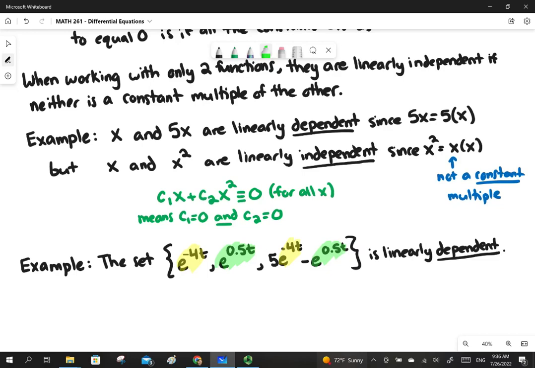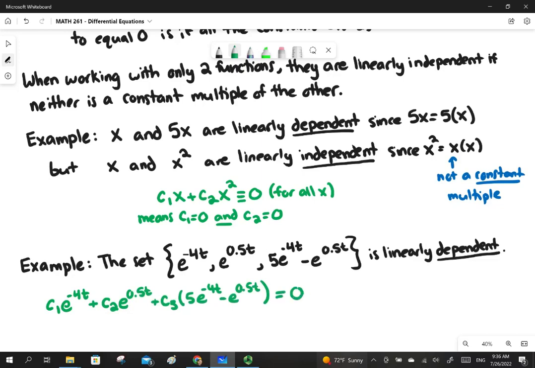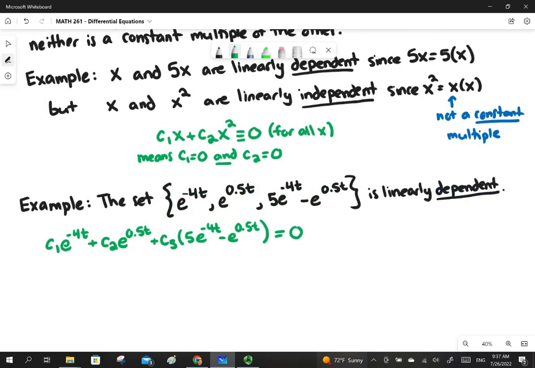So the fact that we can build our third function out of the previous 2 functions means that this is a linearly dependent set. But if we want to think about this in terms of our definition of linearly independent and dependent, we would look at a linear combination of our 3 functions and say, can we make that equal to 0 without having to make all of the constants 0? In other words, can we choose c1, c2, and c3 such that these functions cancel each other out? And of course we can.